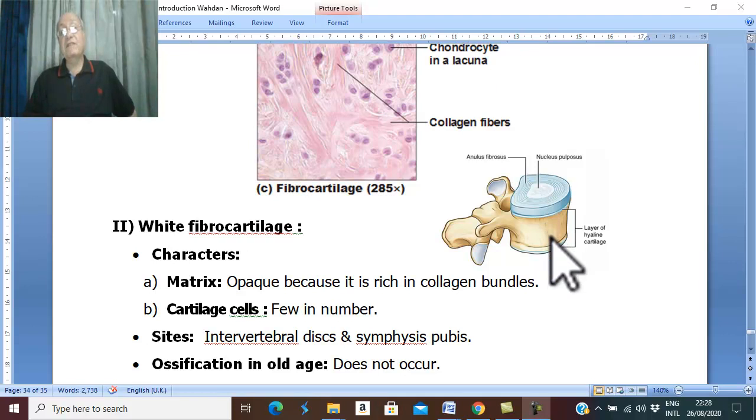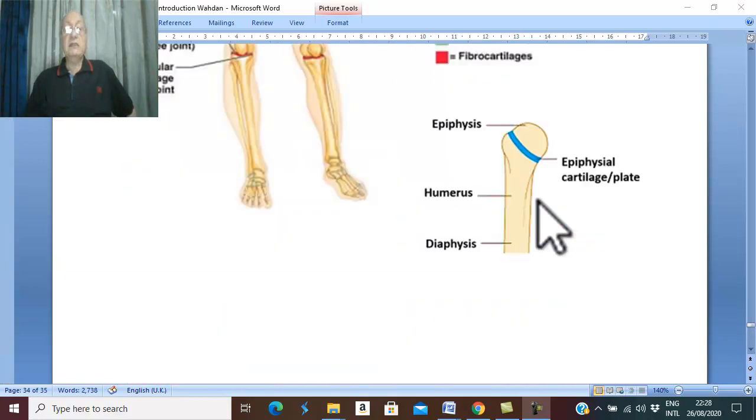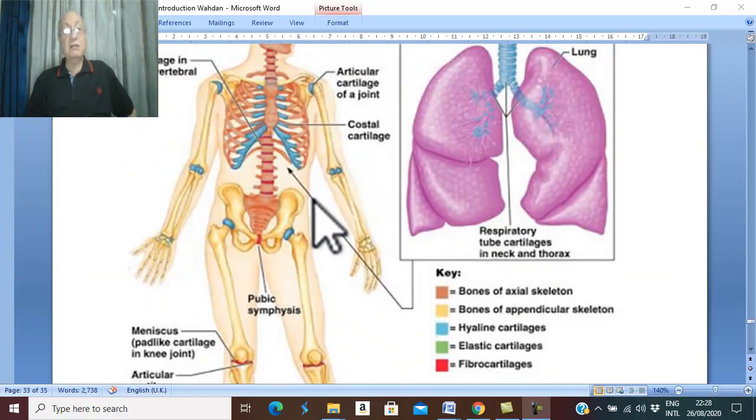Therefore, the cartilage between the vertebrae is called the intervertebral disc. In this picture, the red color is the white fibrocartilage, which is the intervertebral disc here, and here. All these intervertebral discs are white fibrocartilage.